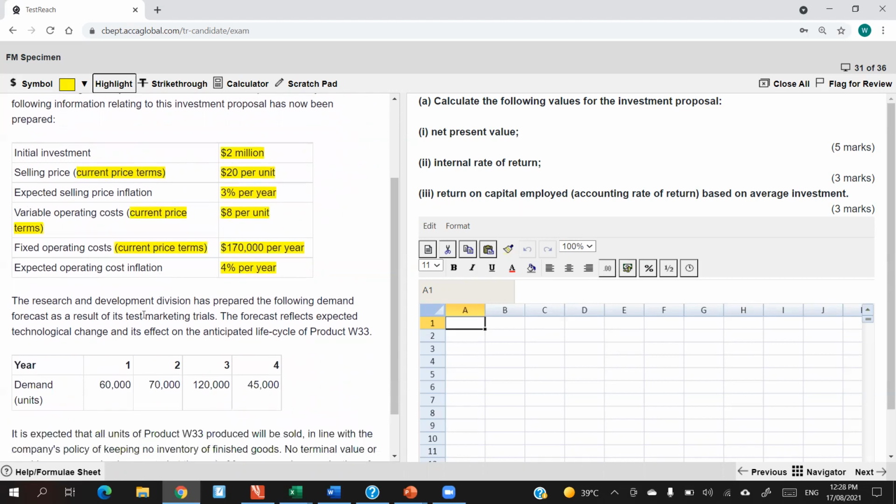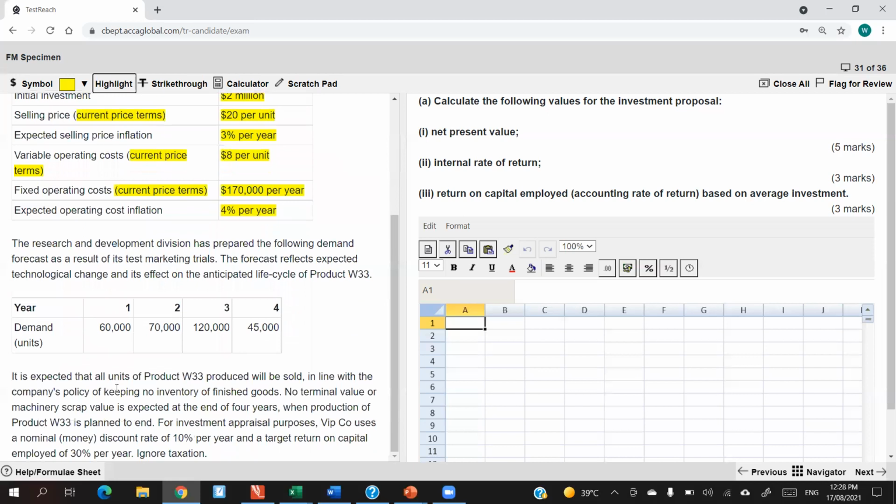Then it says the R&D has prepared the following demand forecast as a result of marketing trials. The forecast reflects expected technological change and its effect on the anticipated life cycle of W33. So it's a 4-year project, and the demand is given. It is expected that all units of W33 produced will be sold, in line with the company's policy of keeping no inventory.